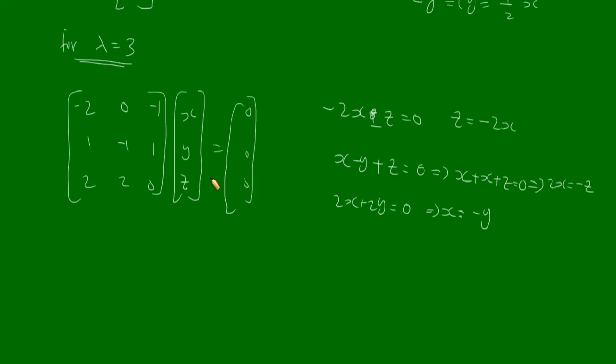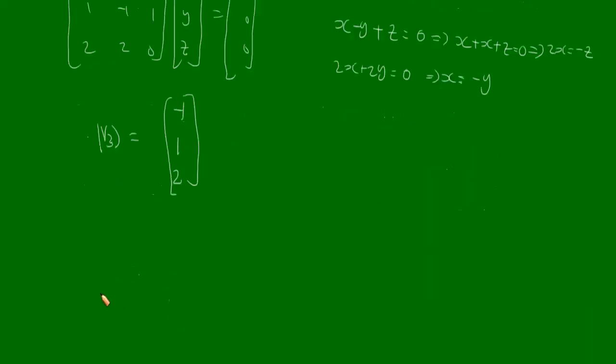Okay, now from these three equations we can choose R3 as, let us take x equal to minus 1, then y will be 1 and z will be 2. So this is R3. Now we have three eigenvectors.